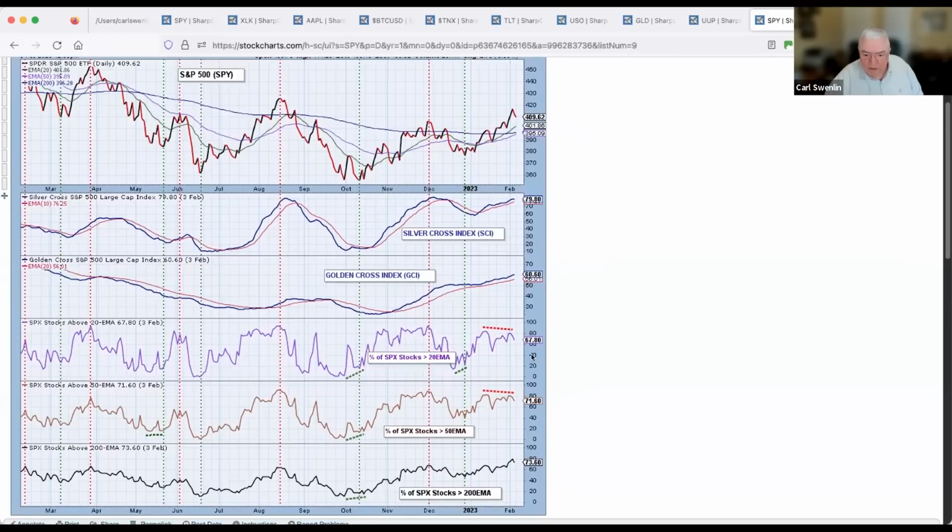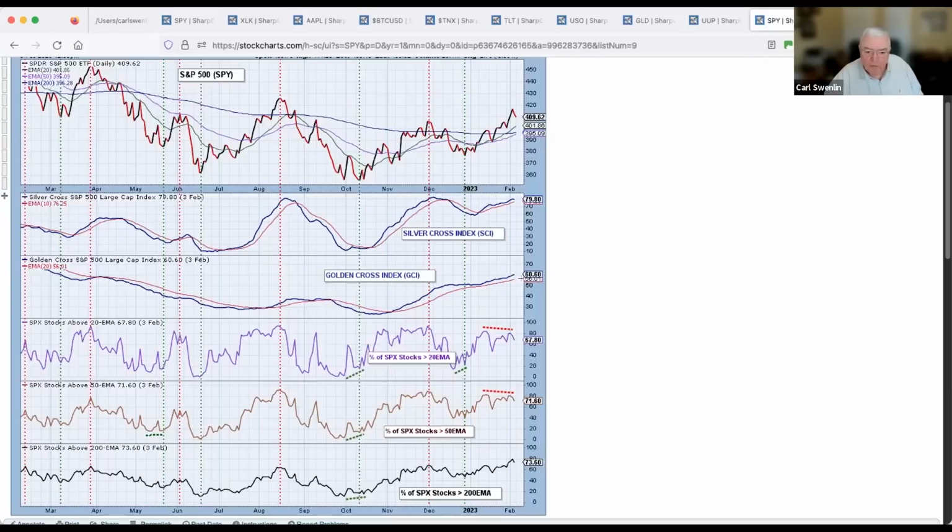We've got 71% of stocks above their 50 EMA and 68% above their 20 EMA. So that's going to pull this number down. That's the destiny right now as we look at it. And this is a pretty overbought reading, so we should be looking for a pullback.